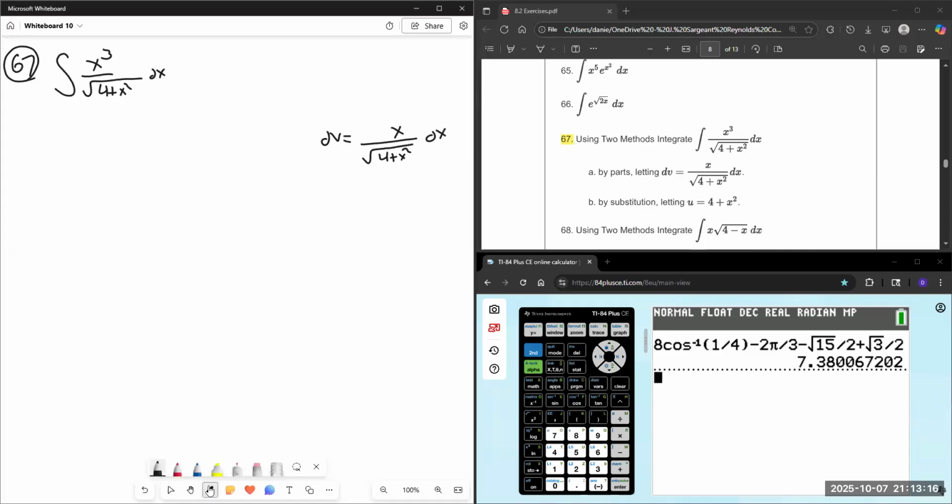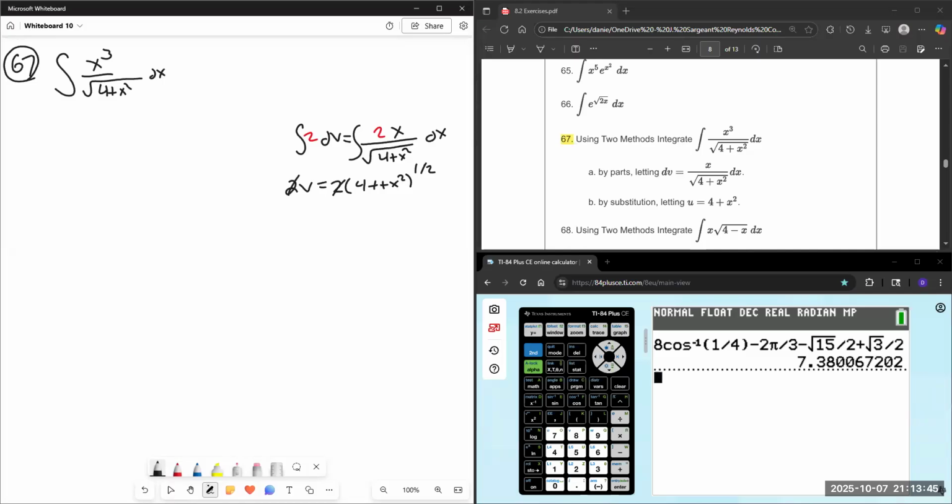The idea here is that I could multiply by 2 here and make a u to the n du situation. So when I integrate both sides here, 2v is equal to u to the 1/2 times 2.